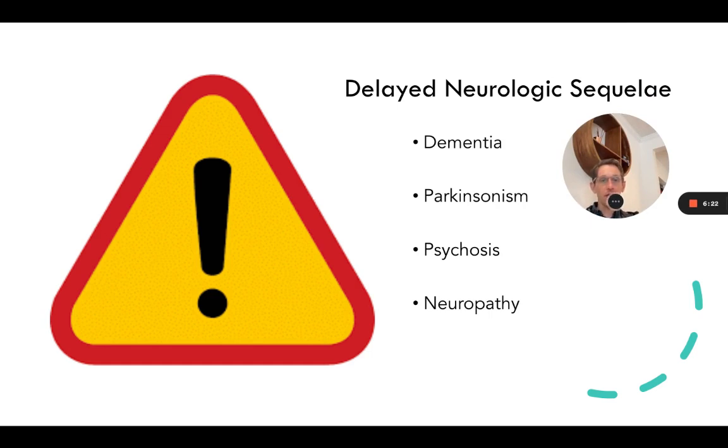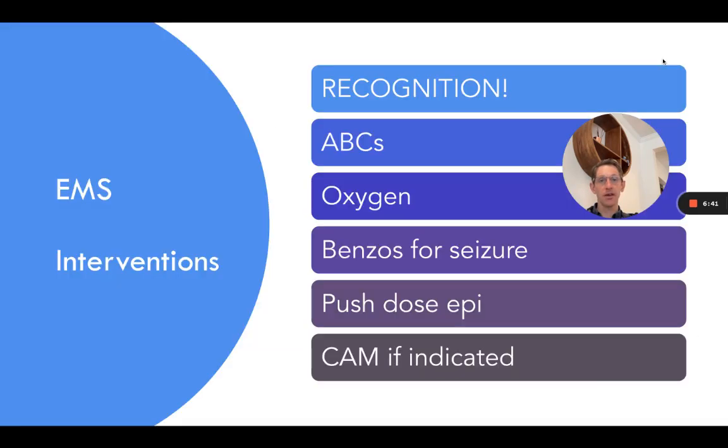You can see how any number of these conditions can be really debilitating, especially if someone has dementia or Parkinsonism. So it's really important that we identify and treat, because even with treatment, there can be some downstream consequences. It can really impact a person's life.